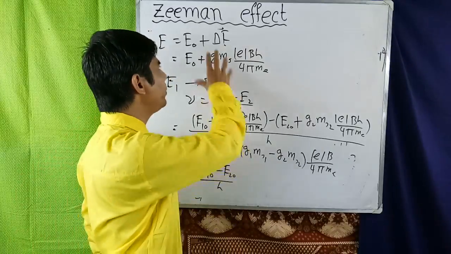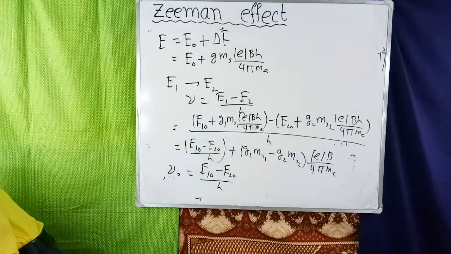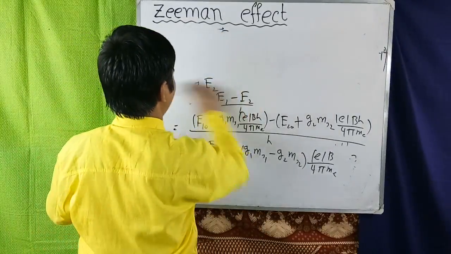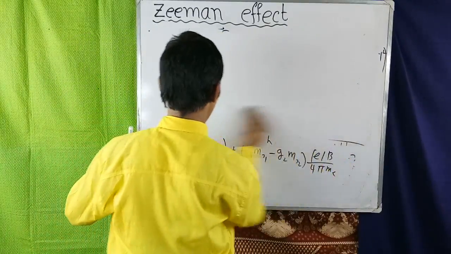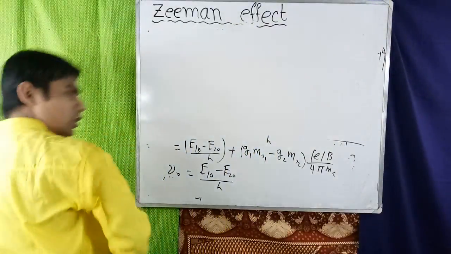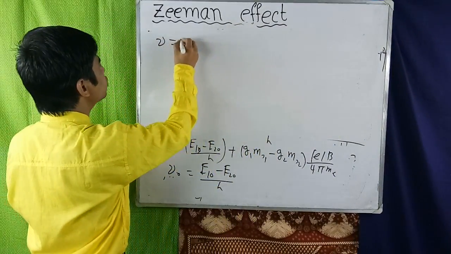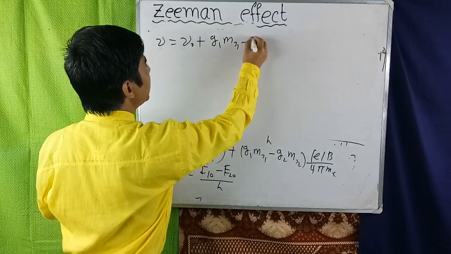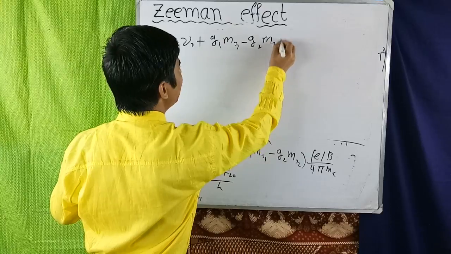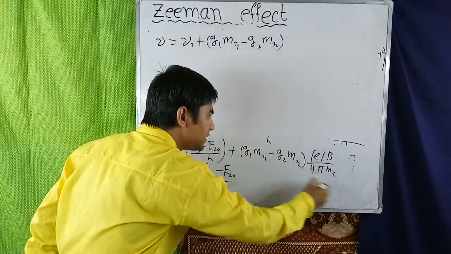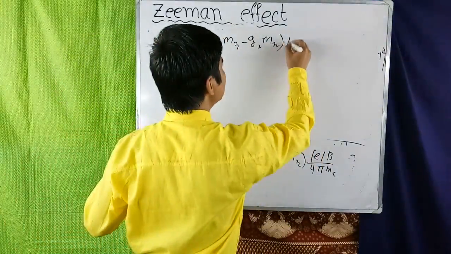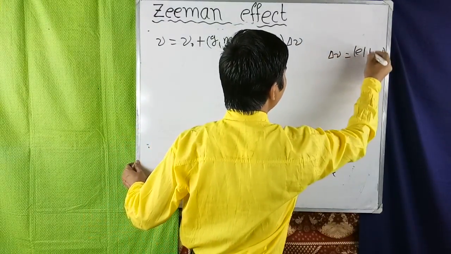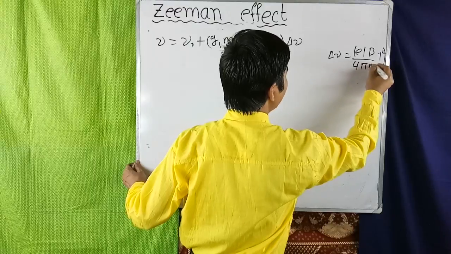Okay, so we may write nu equals to nu 0 plus g1 mj1 minus g2 mj2 into, suppose this is equals to delta nu. So this is delta nu, where delta nu equals to eb by 4 pi me.